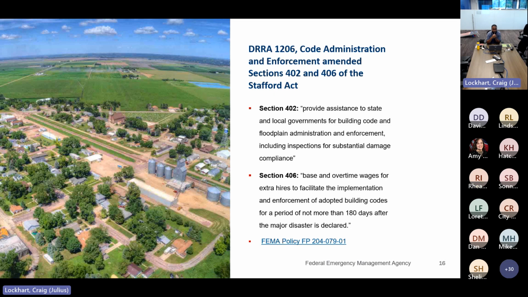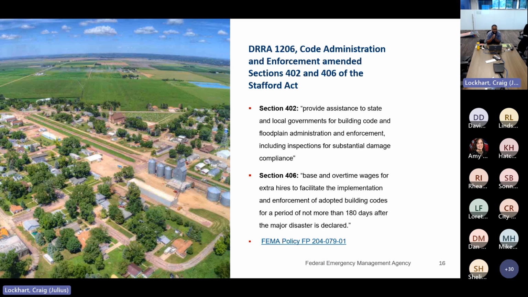So on the DR 1206, Code Administration and Enforcement amended sections 402 and 406 of the Stafford Act. So section 402 will provide assistance to state and local governments for building code and floodplain administration and enforcement, including inspections for substantial damage compliance.